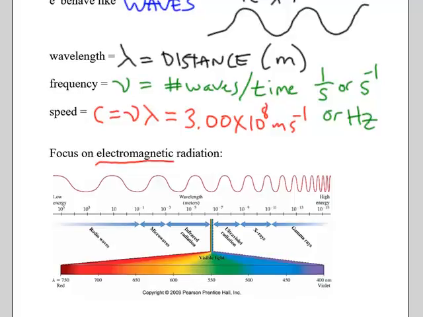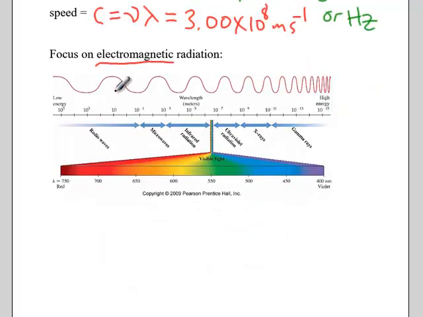This diagram shows how the only difference between one form of electromagnetic radiation and another form is either the wavelength or the frequency. By this equation, if the wavelength changes, the frequency has to change.